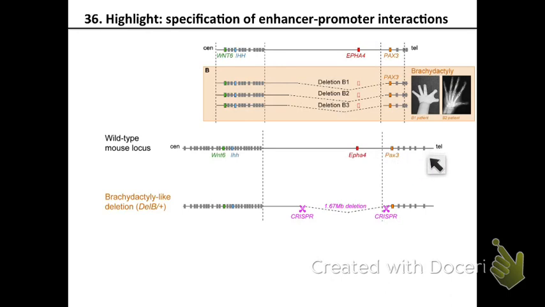So now what they can do is make the exact same deletions in the mouse genome that resemble the deletions in the humans. They used CRISPR-Cas9, which we're going to talk about in the next few lectures, to make a deletion that mimics the deletion in the patient. So it removes this insulator here, and it removes the EPHA gene, right? And then they ask, do we see the same phenotypes in the mouse?